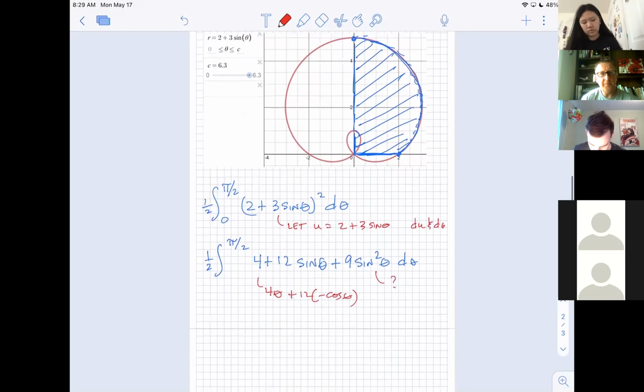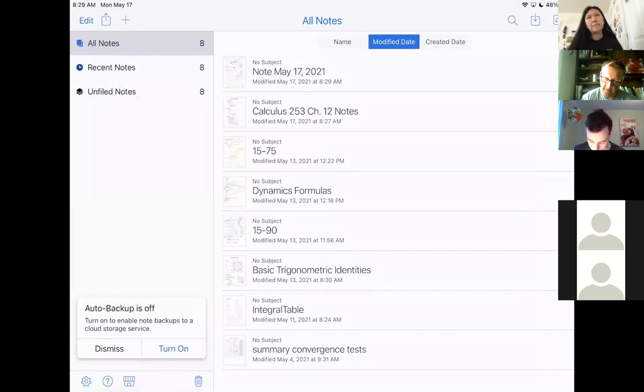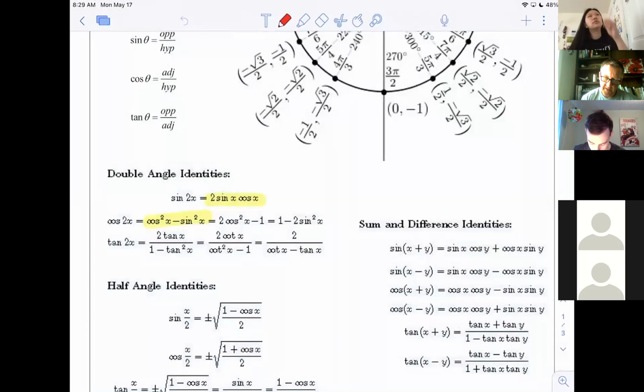And it's like, oh man, what do we do with that? Well, you may remember there was a trig identity for that one. Sine squared can be replaced with, let's see, what was it? Let's just have a quick look because I think I still have basic trig identities in here. Oh yeah, it was this one. If I solve that for sine squared, let's see, what do I get?